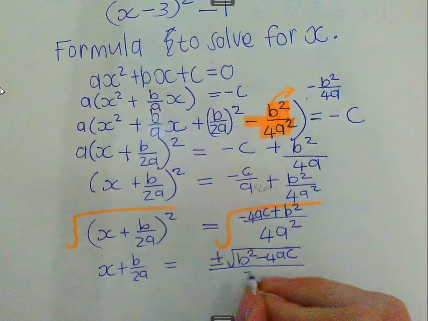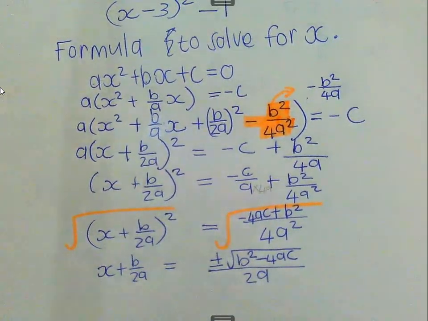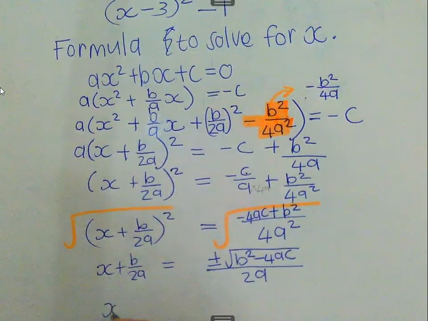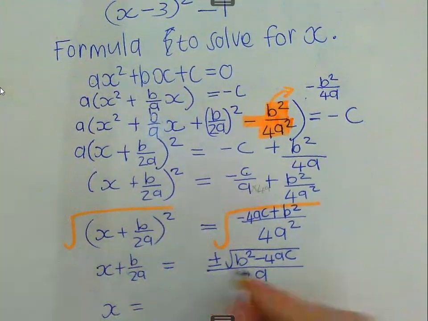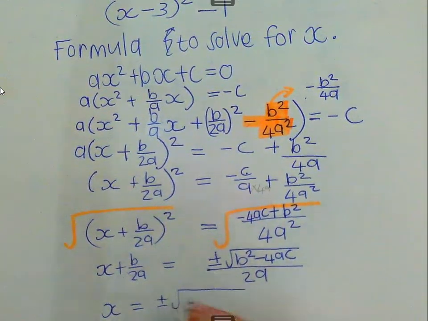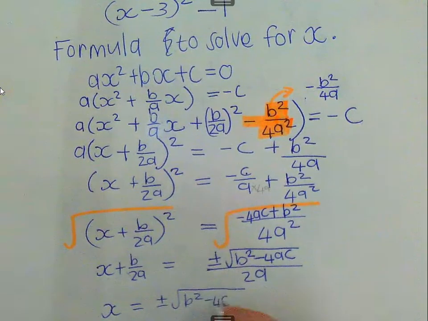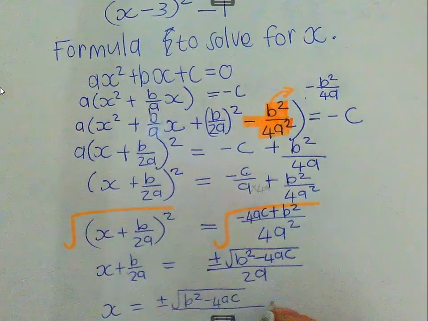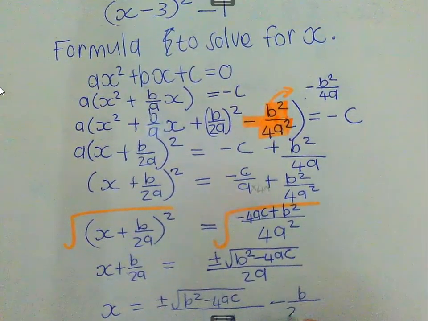over 2a. Do you remember yesterday when we spoke about completing of the square, I told you your denominators will always be the same in the end. Do you remember that? Okay, see, even now, if I take this one over now to the other side, x is equal to this whole thing minus b over 2a.